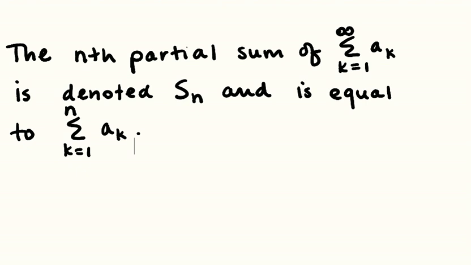Before we start talking about convergence, divergence, and the causes of these things, we do need another piece of terminology that they will use from time to time, and that's the nth partial sum of an infinite series. The nth partial sum is where you add up the first n terms.